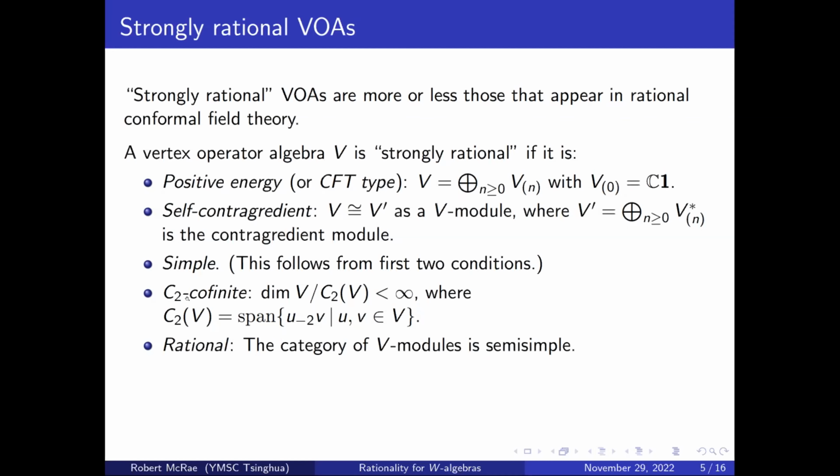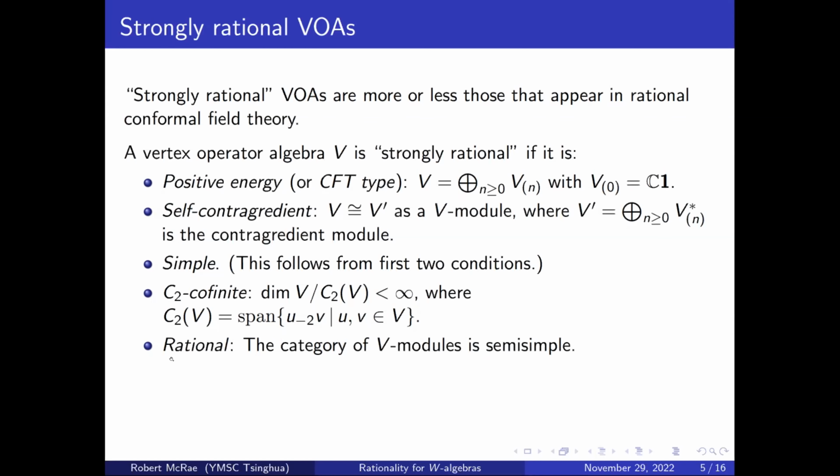And then there's this important but technical C2-cofiniteness condition, which is that the dimension of a certain quotient vector space should be finite, and the subspace we are quotienting out is spanned by these (−2)-indexed operators acting on vectors in V. This is a technical condition, but it essentially gives some finiteness conditions on the VOA and its category of modules.